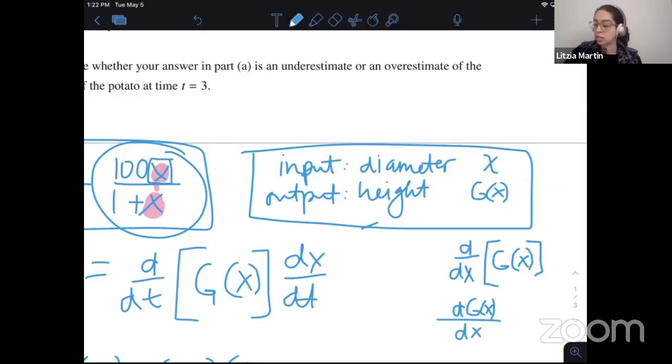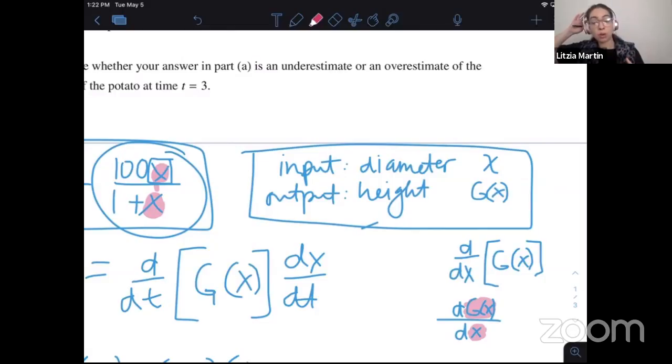So this is the rate of change of the height as the diameter changes. If we were taking the derivative with respect to x, it means how much the height is changing as the diameter changes.